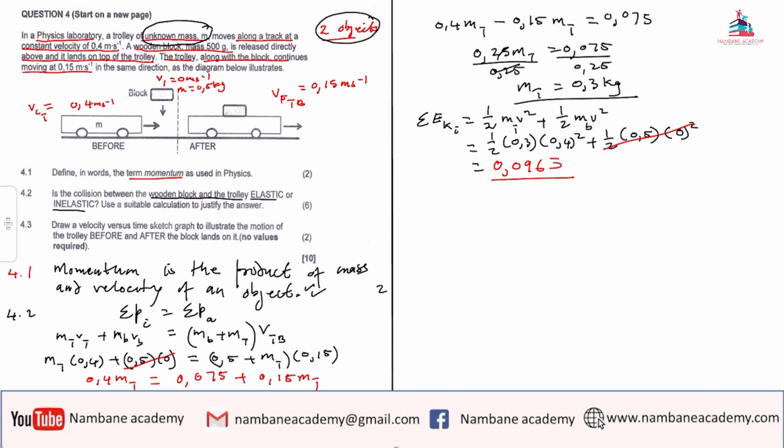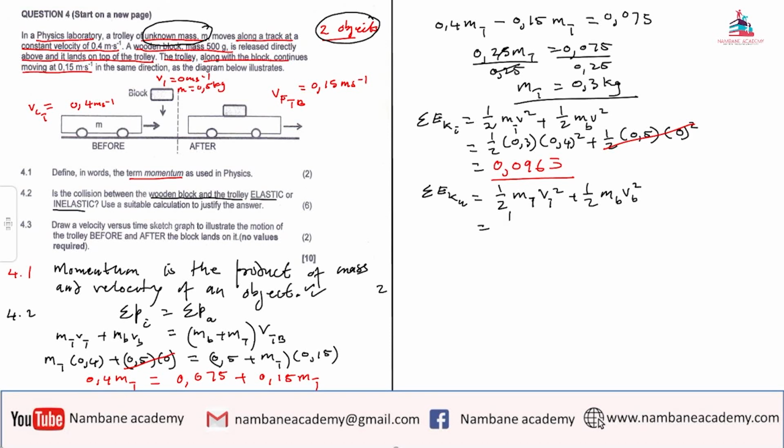Do I need the sum of the kinetic energy after? 100%. The sum of EK after is just half m of the trolley, v of the trolley squared, plus half m of the block, v of the block squared.